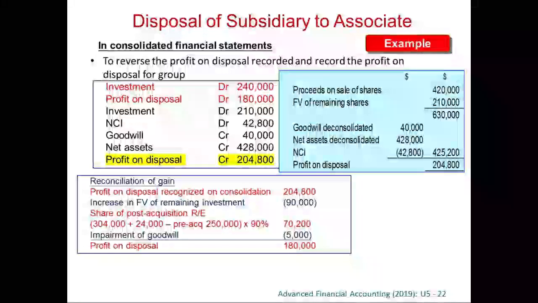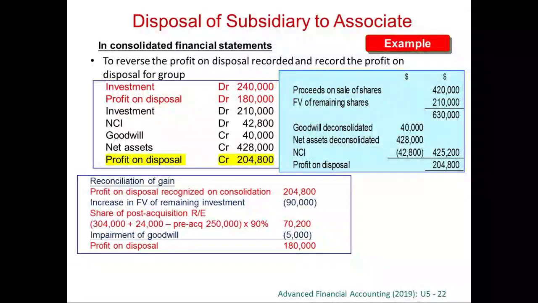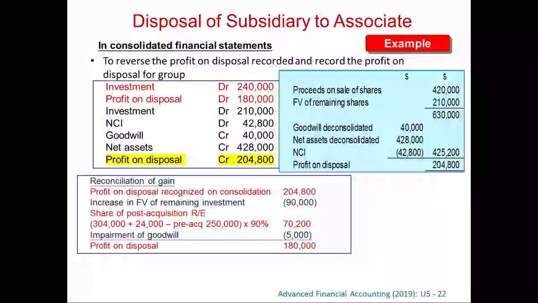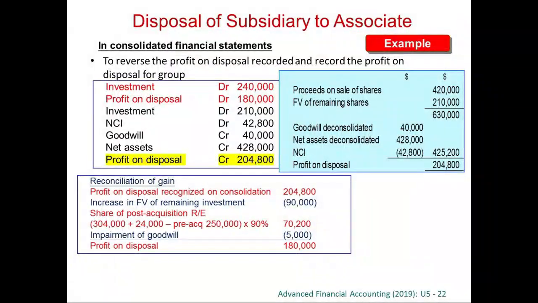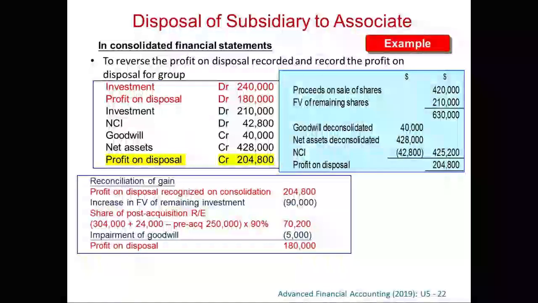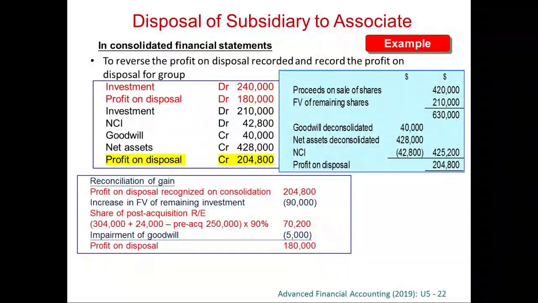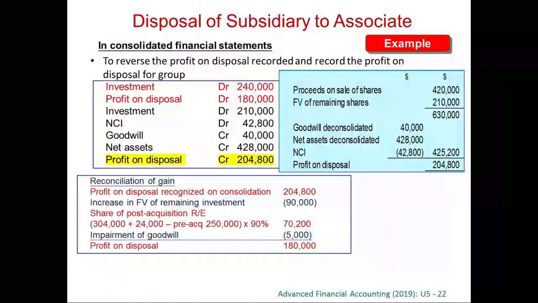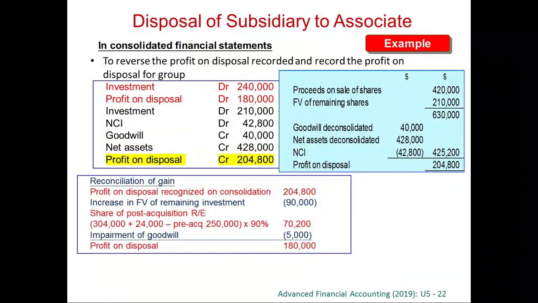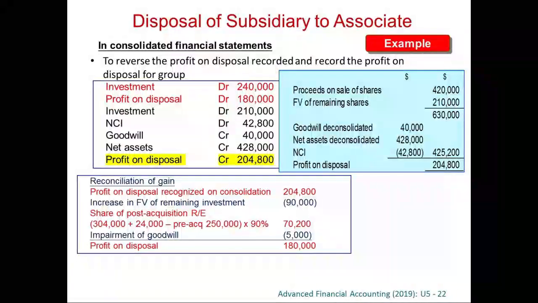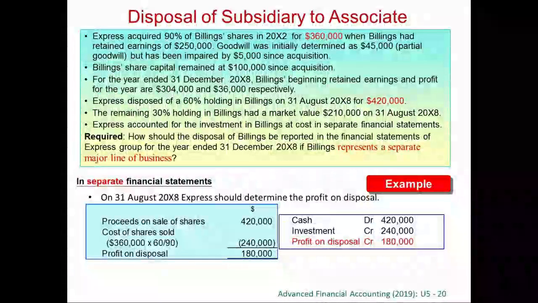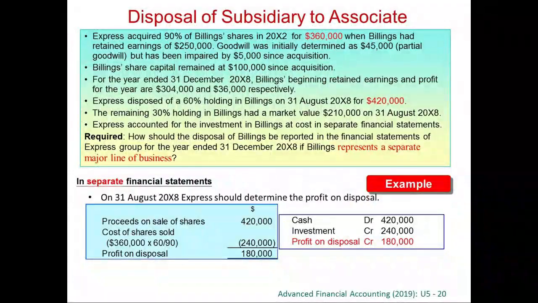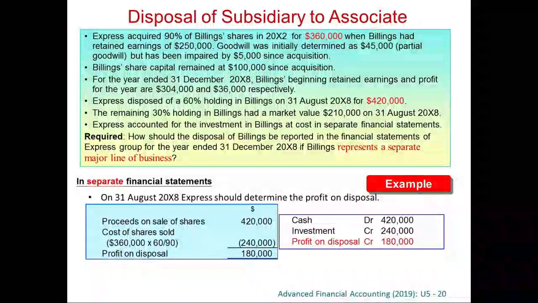In normal case, this is the difference, because consolidation has accelerated the recognition of the profit. But here we have got one further adjustment, because this is not a full disposal. You dispose 60%, still you got 30% left. You still have 30% left, right? If you are using cost method, this 30% has been calculated at 120.